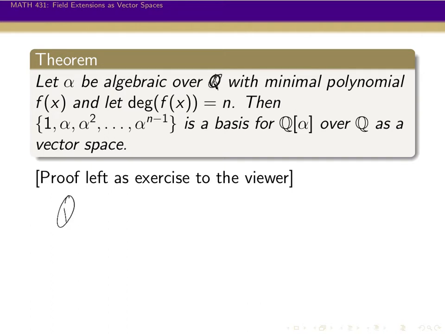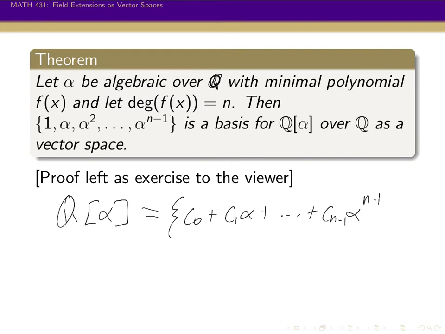If you remember, last video we were actually able to prove that Q adjoin alpha looks like this, where the c_i are rational numbers.